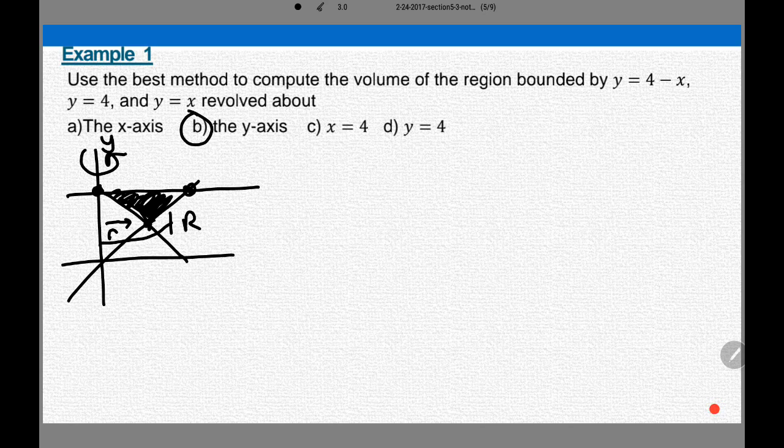See how the radius varies? Since we have those two things and we're varying our radius between the y-axis, we have two different functions there. It's actually best to use washers. So we're just going to use the washer method here.